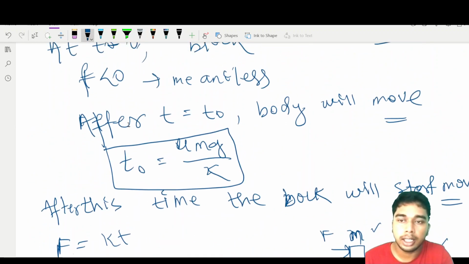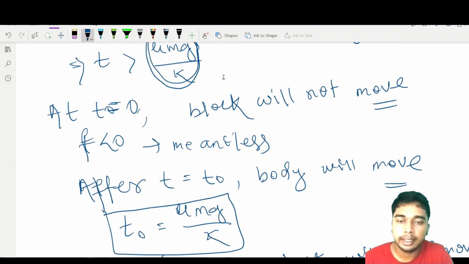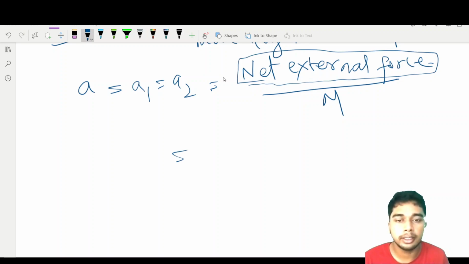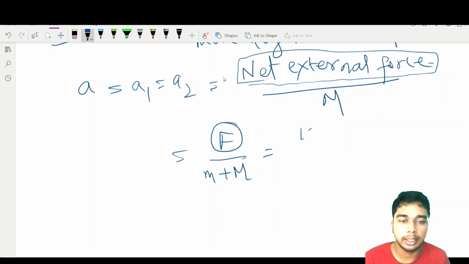Here I have discussed that the net internal force is zero, that's why I am considering the external force only. The external force is kt, and the net mass is small m plus capital M.